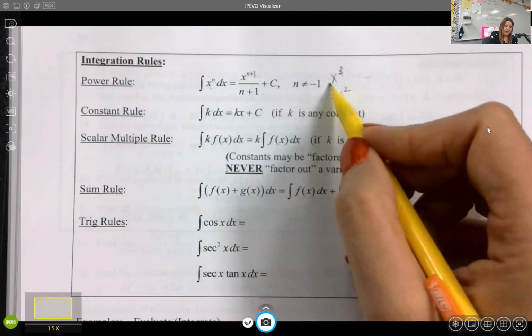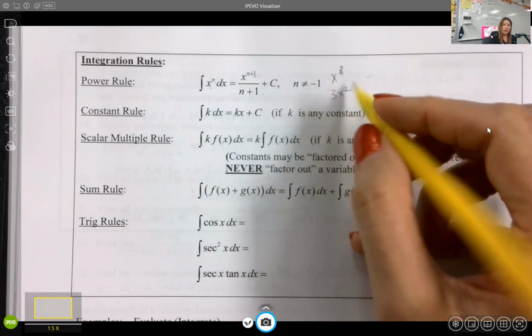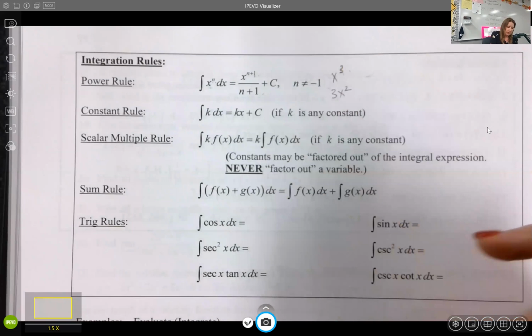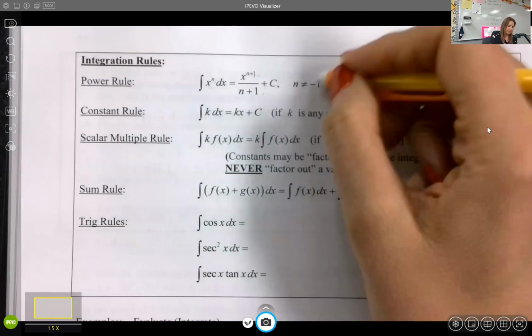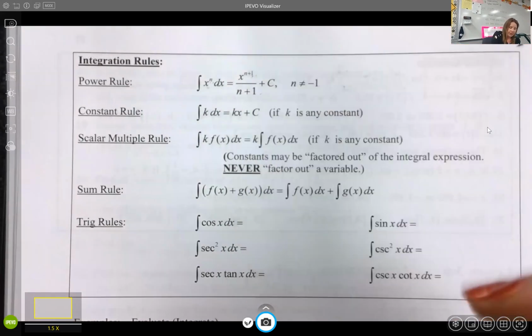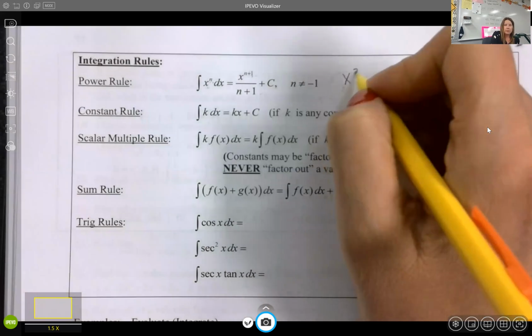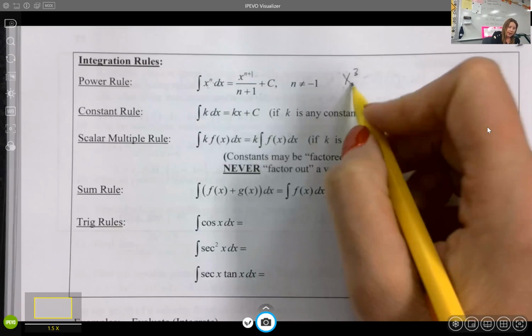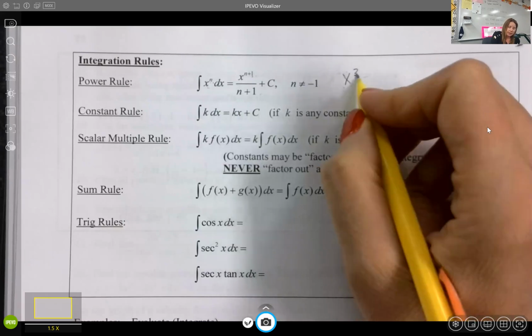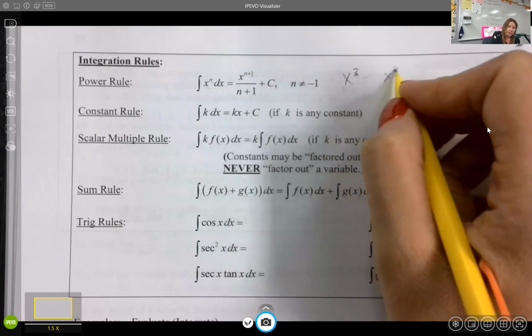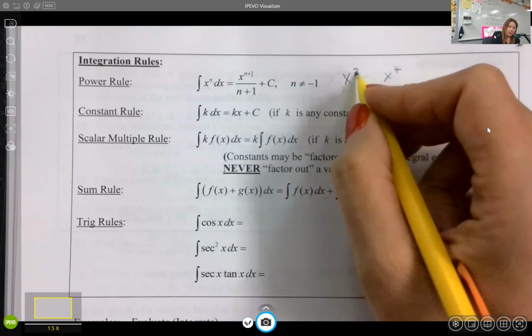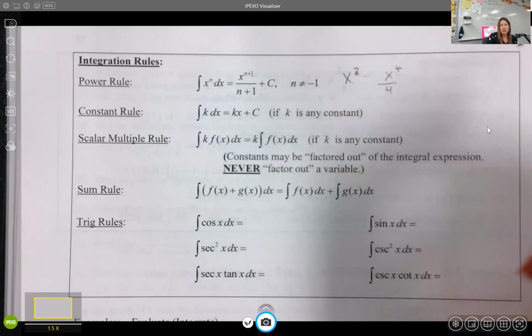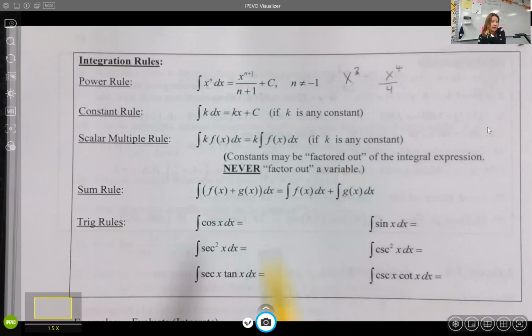But if I'm going backwards, I have to figure out what it was. So if I have x cubed and I'm going backwards, I'm going to add 1 to the power. That gives me x to the 4. And then I have to divide by that 3 plus 1, which would be 4. So that's all the power rule is saying.